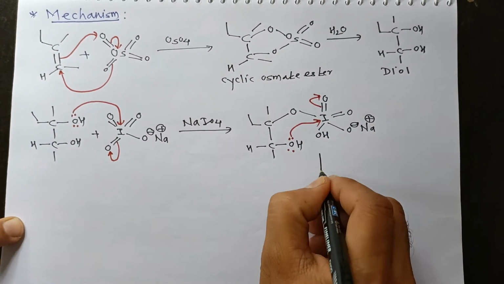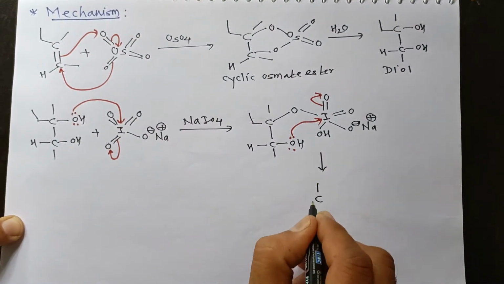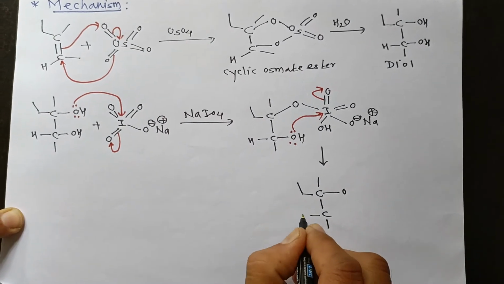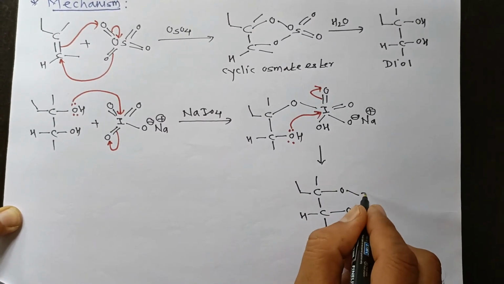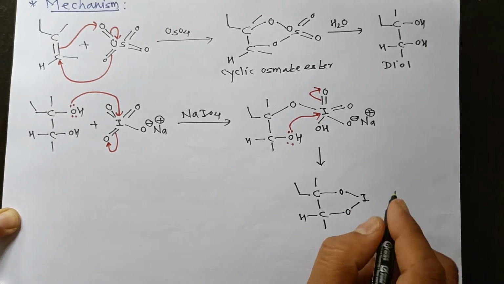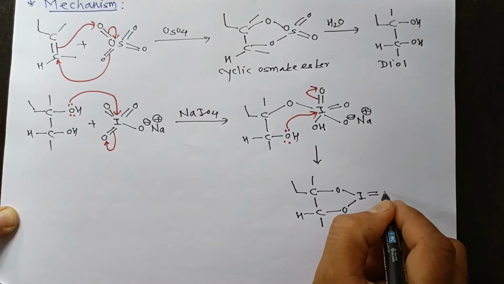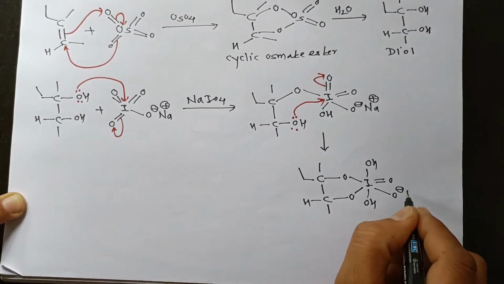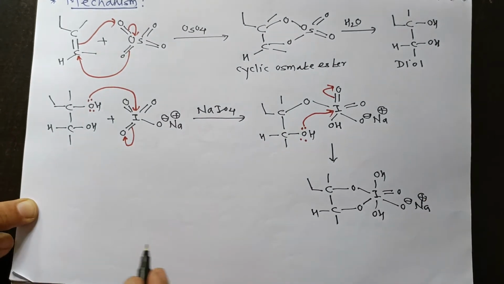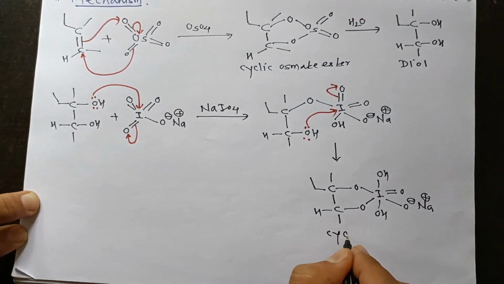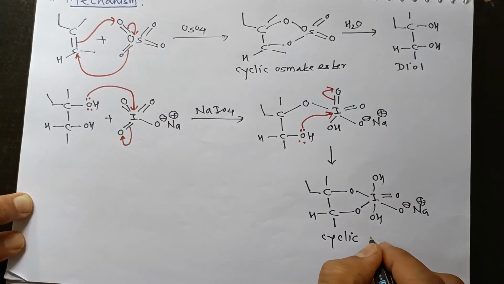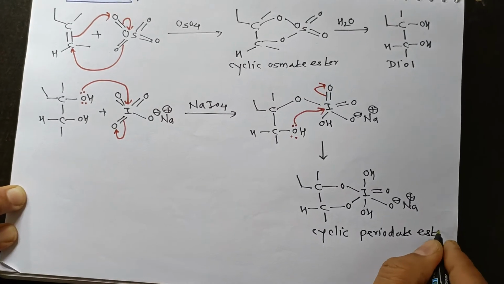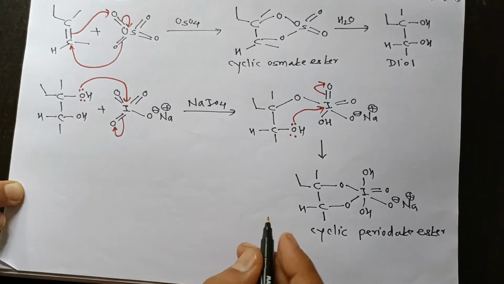So here we get this type of structure, with oxygen bonded to iodine, double bond O, OH, OH here, O minus, Na plus. This is called a cyclic periodate ester.